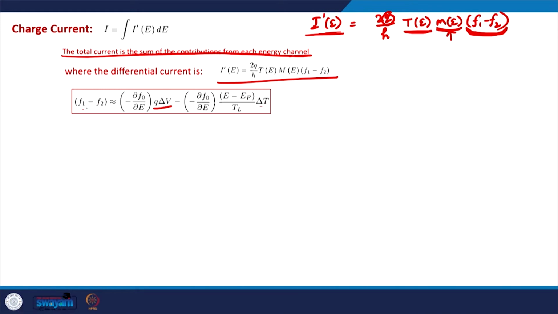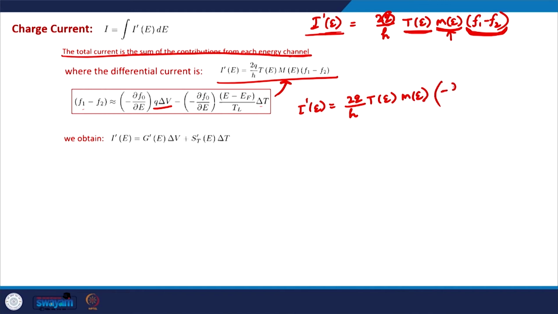So if we just put F1 minus F2 in this expression and integrate this, what we obtain is, if we just put F1 minus F2 here, I prime(E) will be 2q by h times T(E) times M(E) times minus del F0 by del E times q delta V.